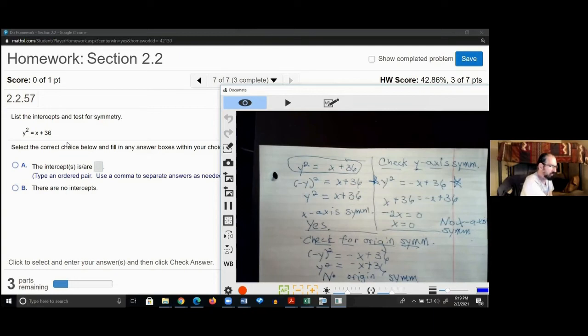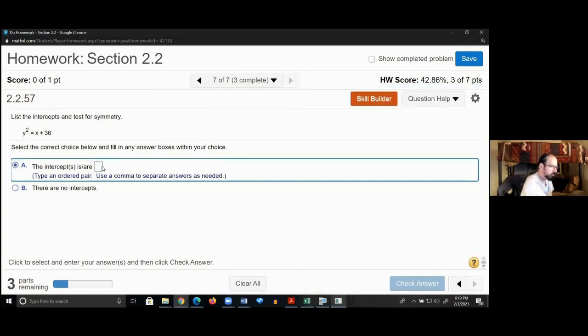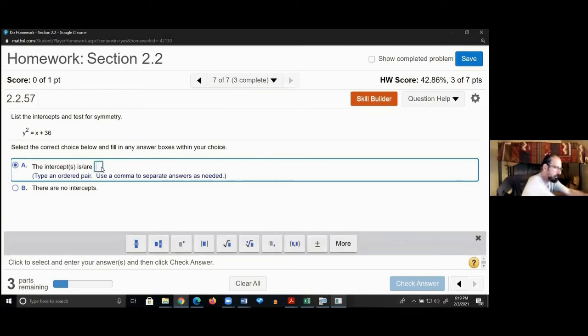It wants intercepts first. It's actually pretty straightforward to do. Y-intercept of 0, 36. Whereas if we put in 0 for y, you'd have x plus 36 equals 0.